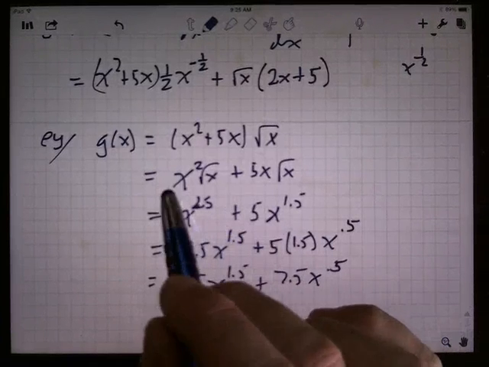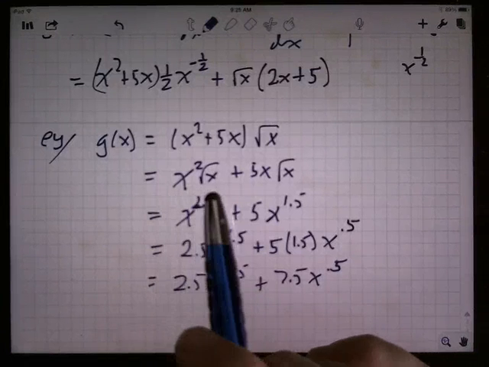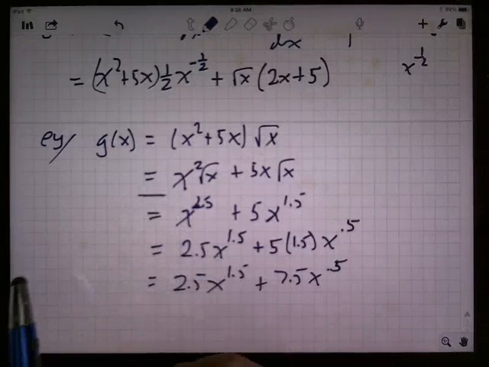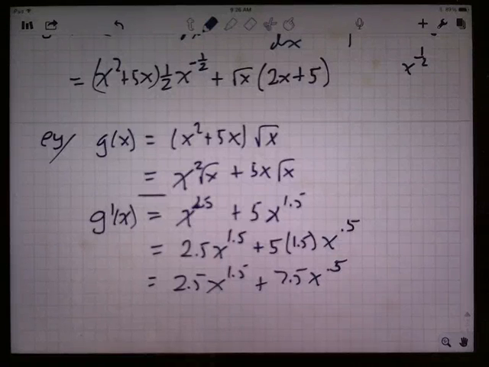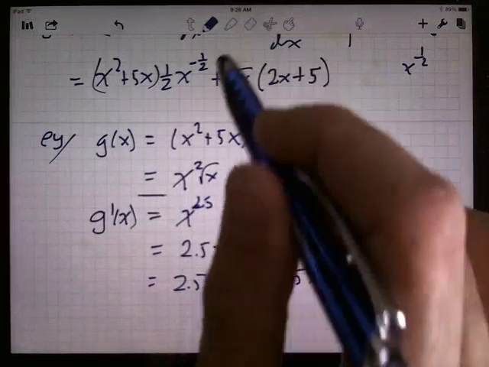Okay, whoops, oh man, this is a classic mistake that I just made. g is equal to this. Right here it stopped being g. This is now g prime of x. I made a mistake that I really, no, wait, I just made it again. See, this is where I've got to be really careful.